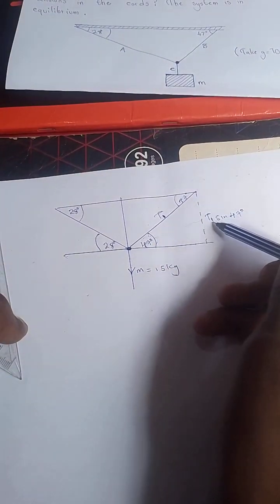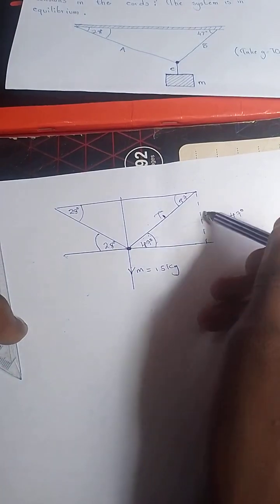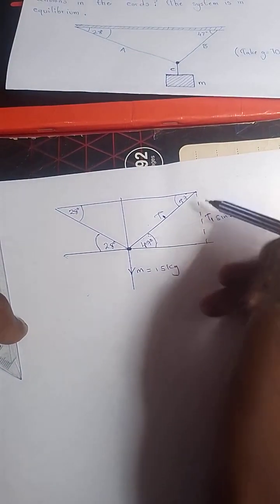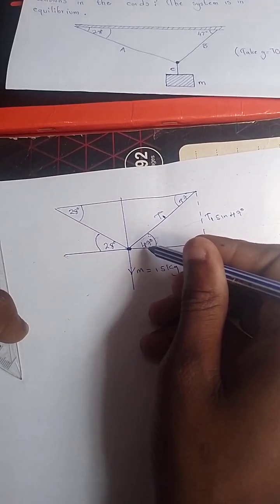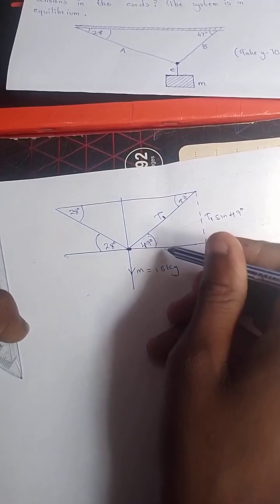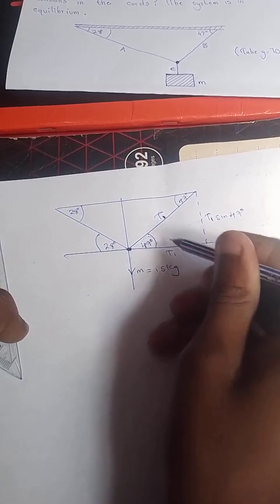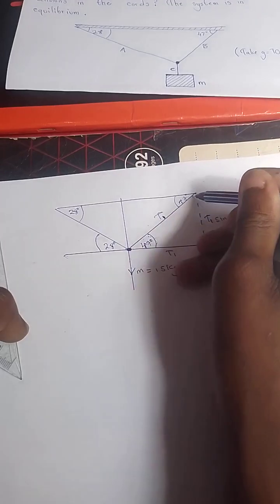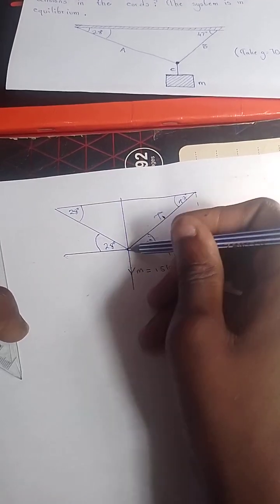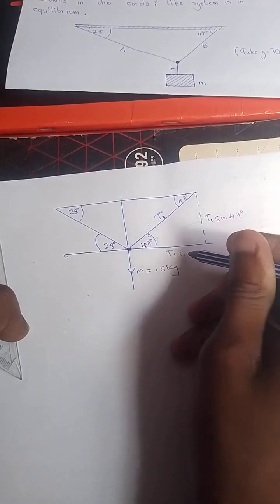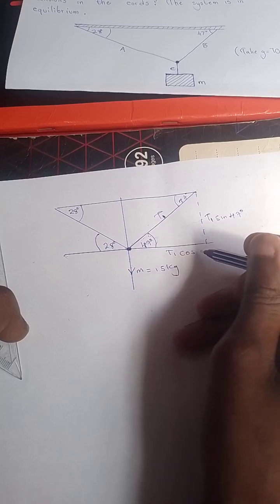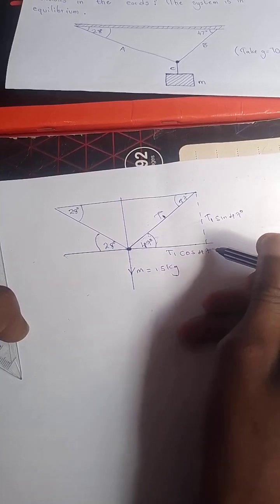So we have the force, or rather the tension, moving the rope up. Then whatever is down here, since the cos of the angle is always adjacent, we are going to write T1, because it's this rope that is causing the tension in the x. We are still going to say T1, but what will change is just the cosine of the angle 47 degrees.